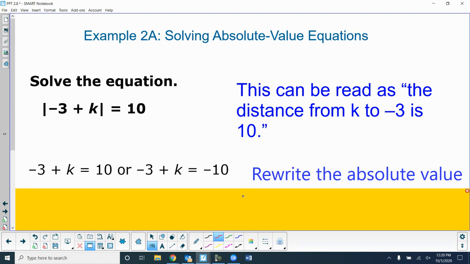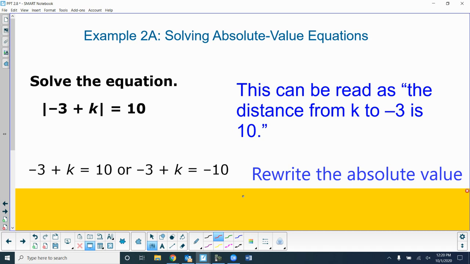So this part does not change. Negative 3 plus k on both. The only thing that changes is that number to negative. But every year I get kids that'll change that to 3 minus k. You don't need to do that.